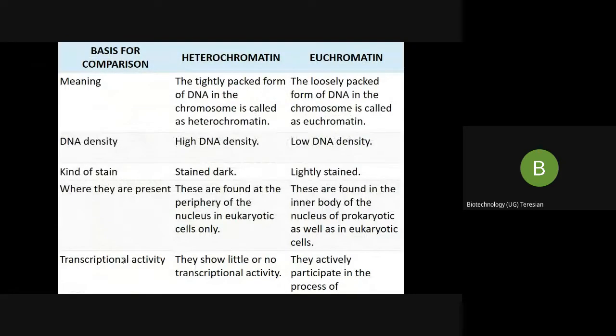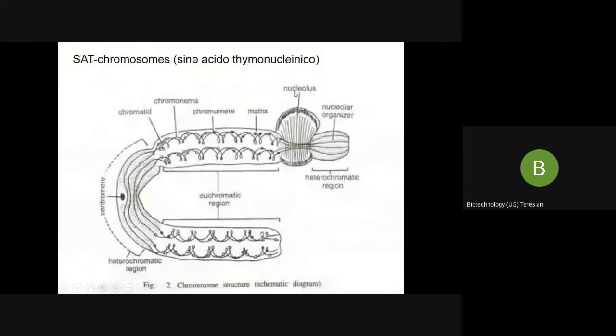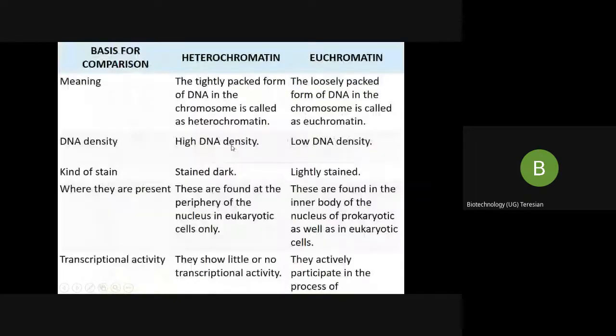So I have given the comparison between the hetero and the euchromatin. The heterochromatin is a tightly packed form of DNA in the chromosome, whereas the euchromatin is the loosely packed region of the chromosome.